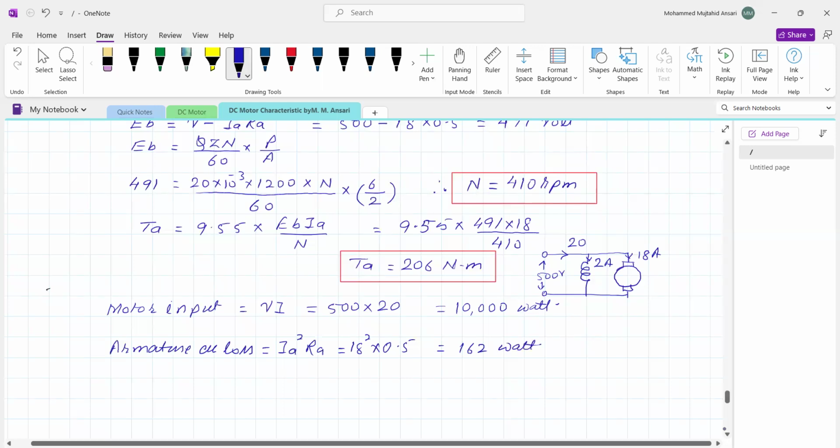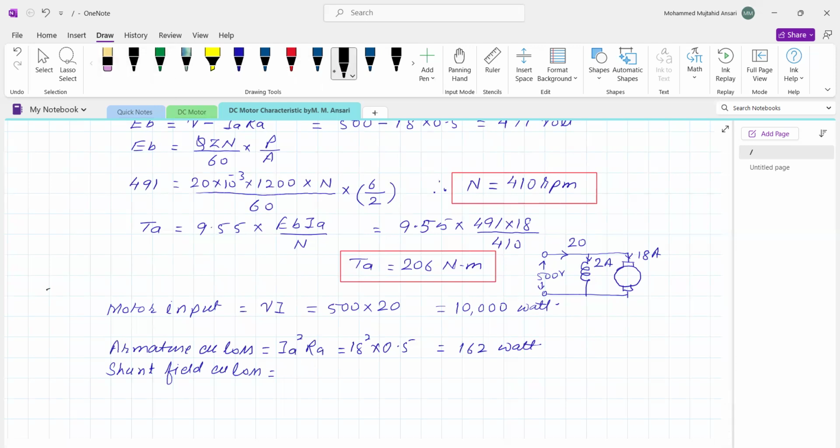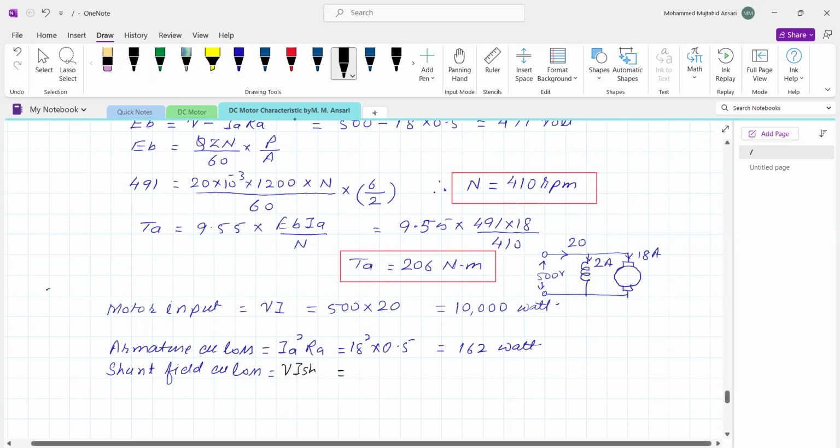Similarly, the shunt field Cu loss is equal to voltage into Ish, equals 500 multiplied by 2. So it is 1000 watt.